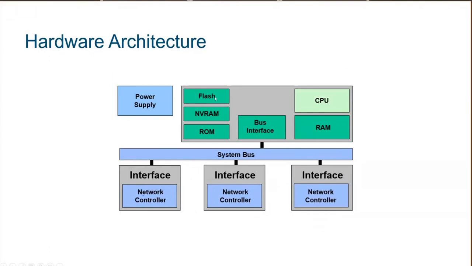It will have its own flash to store the IOS images, NVRAM for the running and startup configurations, and we have a multi-core CPU and RAM for the processes running on the CPU. So this is the basic hardware architecture of the ISR G2 platforms.